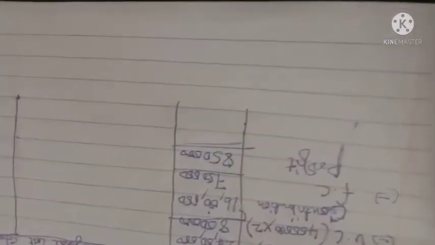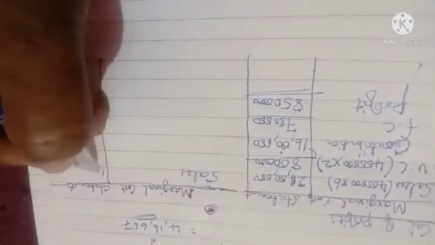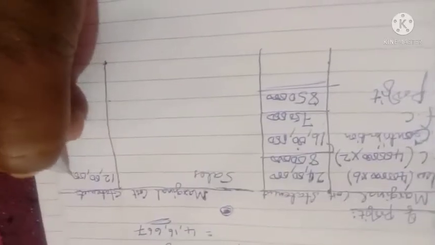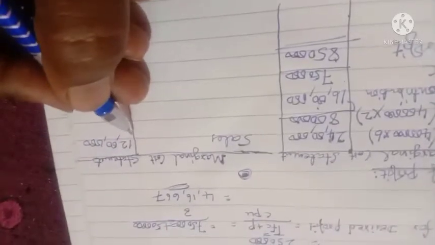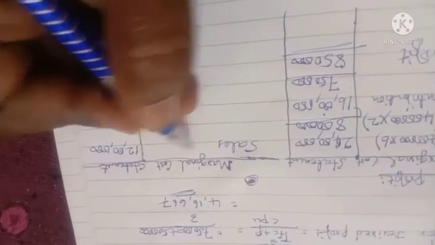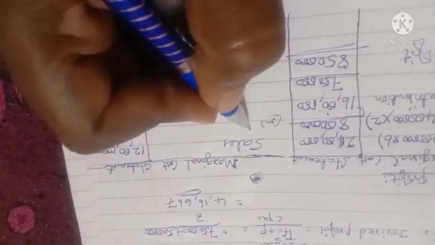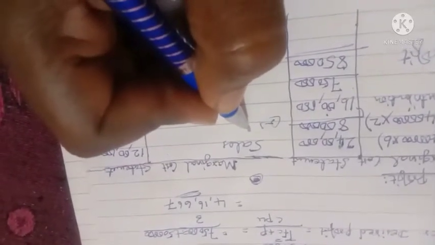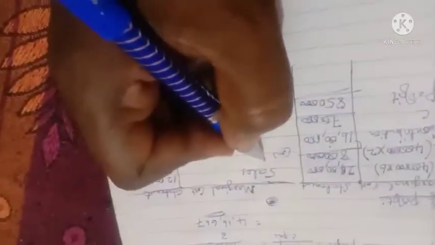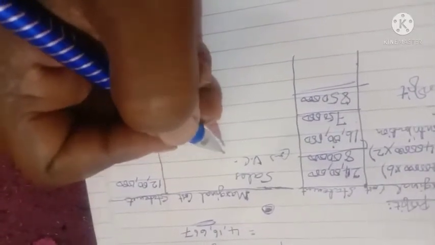Point E: sales amount is given as 12 lakh, but units are not given. Total sales value is given, but how many units sold and the rate is not given. We require variable cost, which is multiplied by 2 because the rate is constant, but we require units.